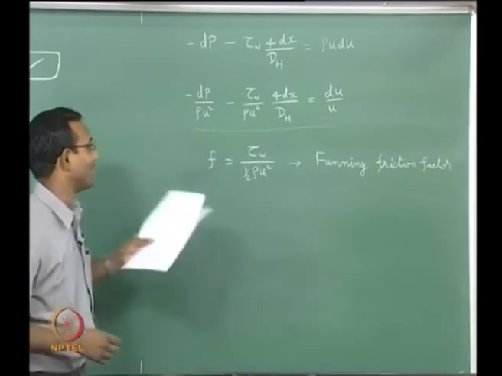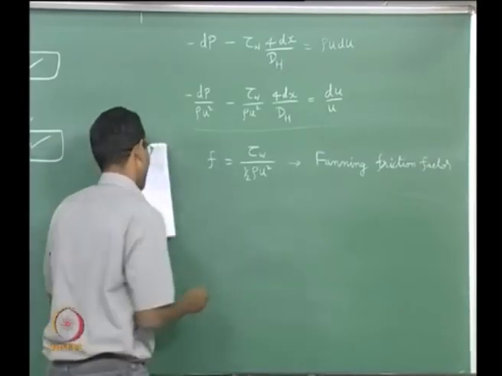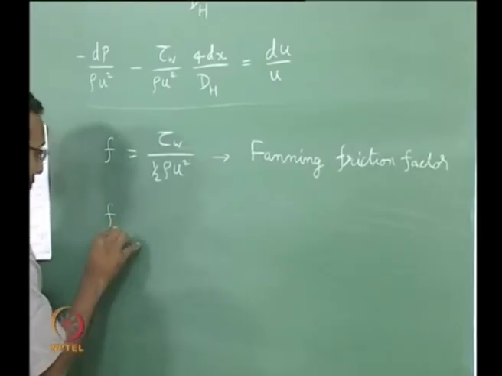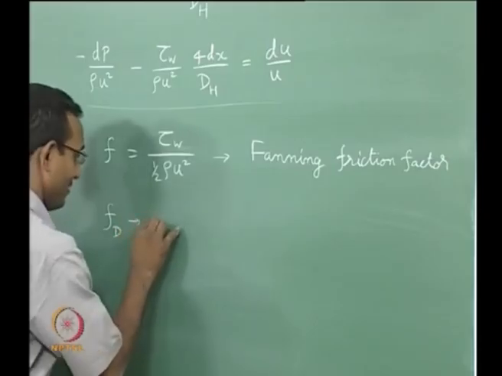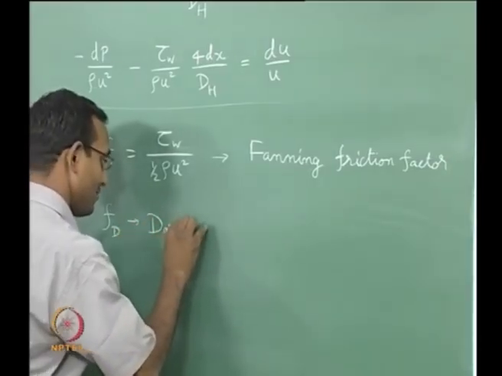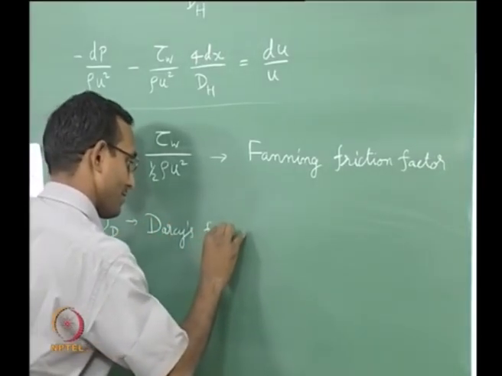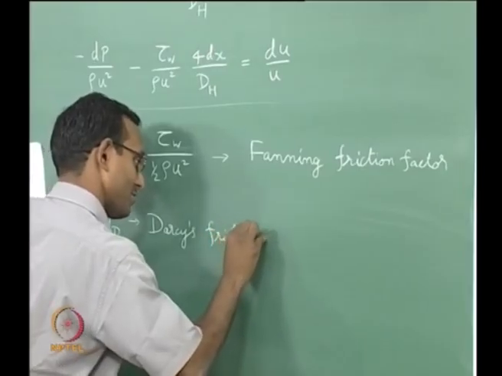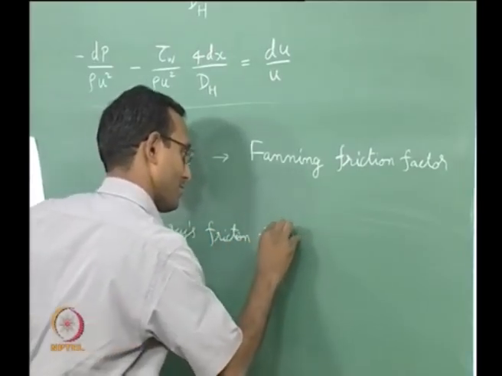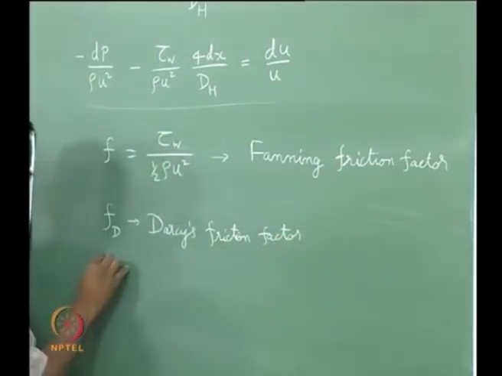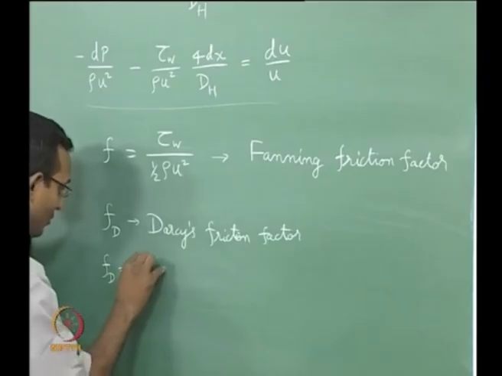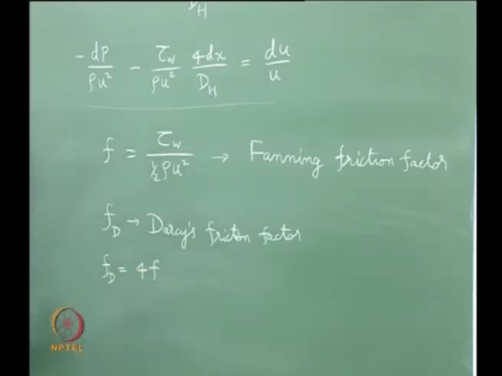They have a different definition and they call their f as fD, which is Darcy's friction factor. The relation between f and fD is fD equal to 4f.